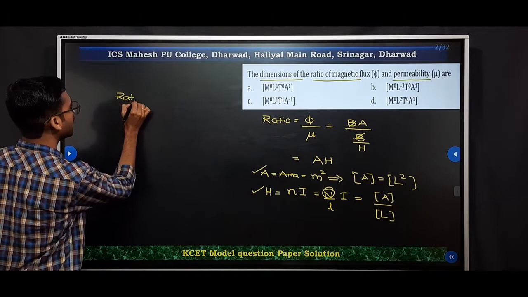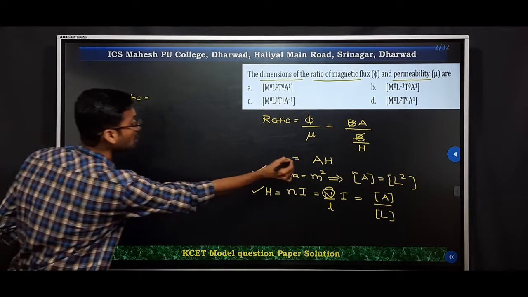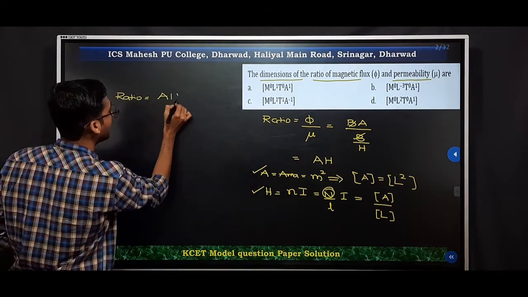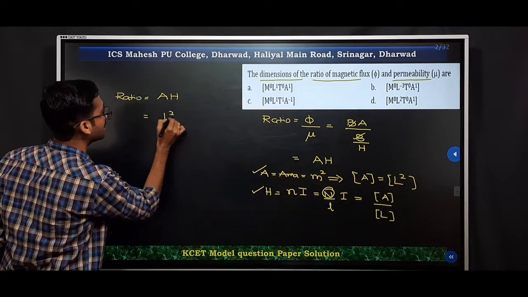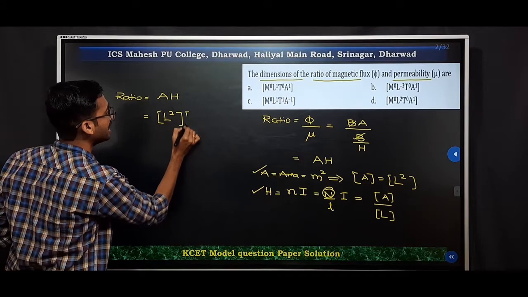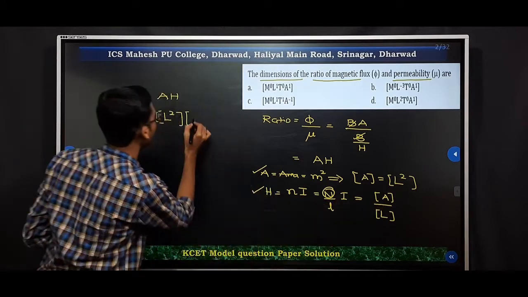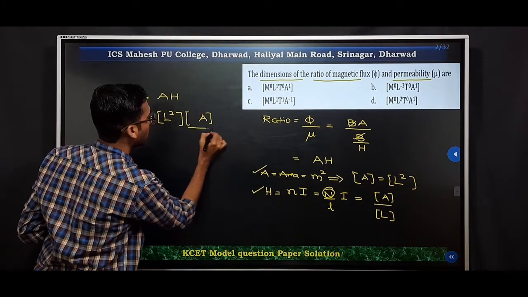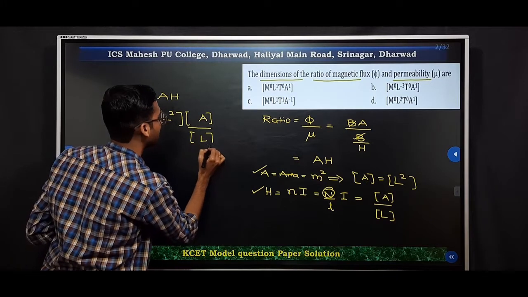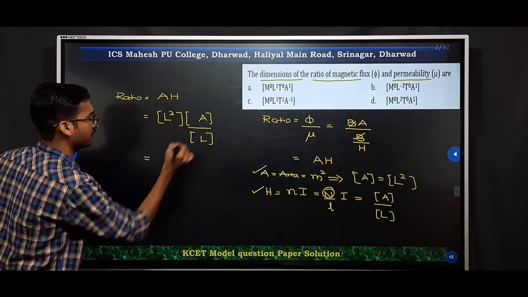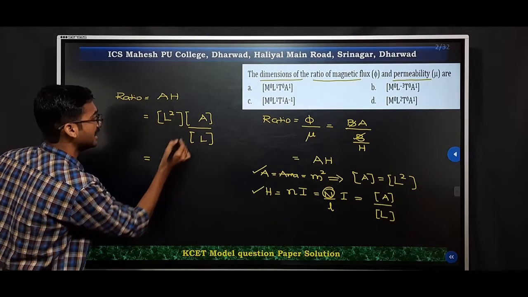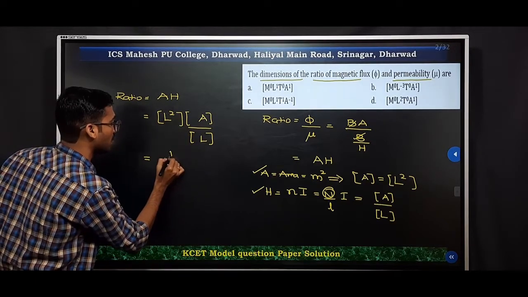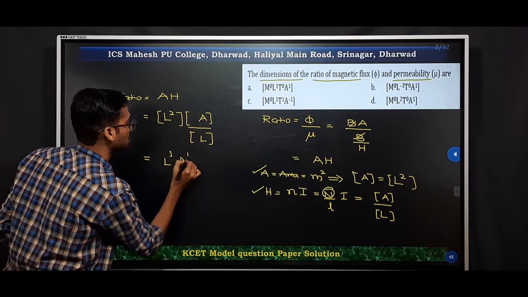If I want to get the ratio, we got it already as A into H. A here will be L square. Similarly, H is giving us A divided by L. Therefore, on solving this, we can write L raised to 1 and A raised to 1.